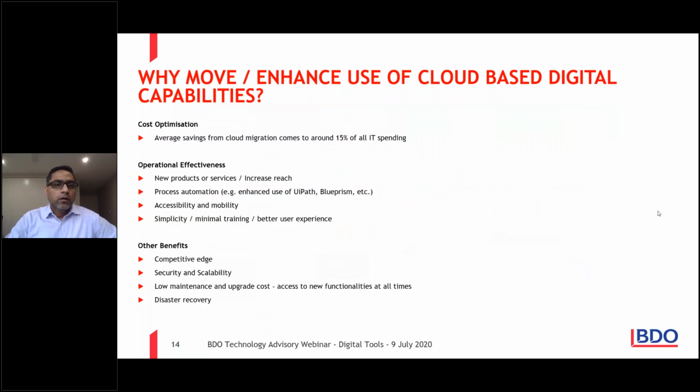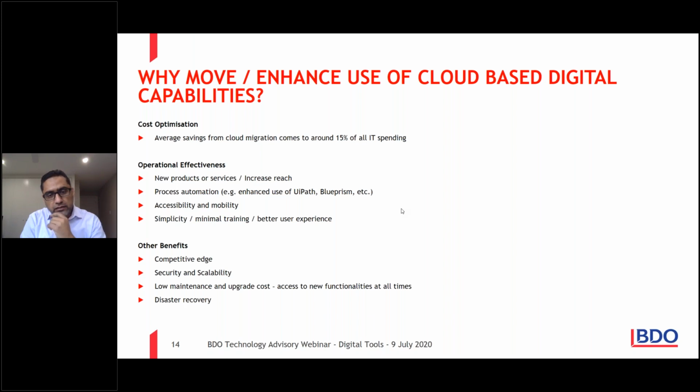Okay. So we covered a part of this topic when we were starting the session, in terms of why we should go towards cloud-based digital capabilities, and the big part that we covered was around cost optimization, which is the 15% of IT spend reduction that clients are seeing at the back of cloud-based digital capabilities.